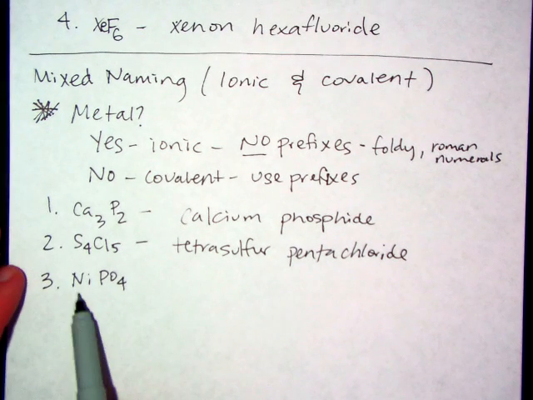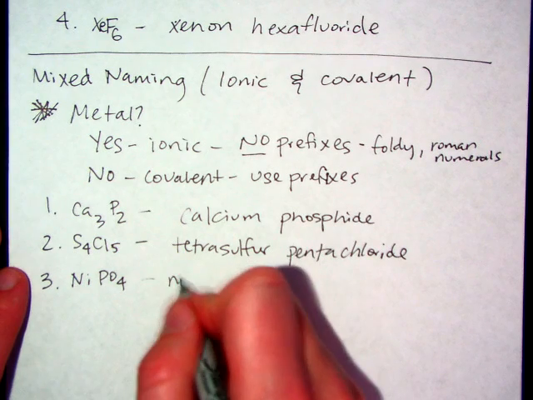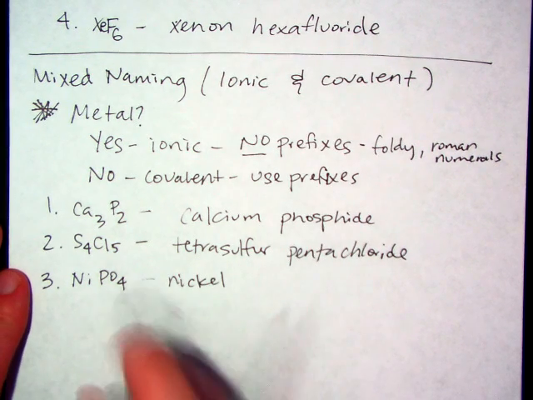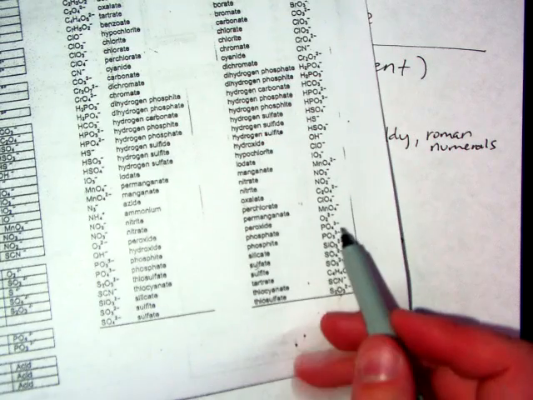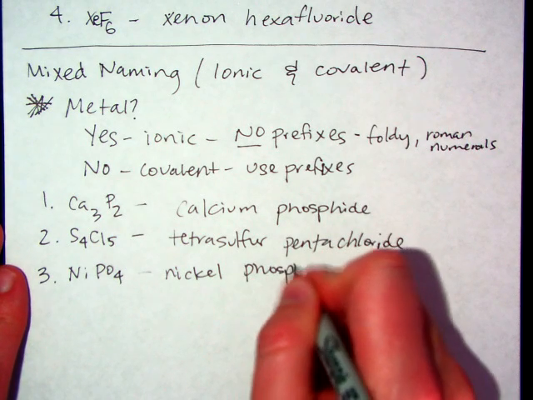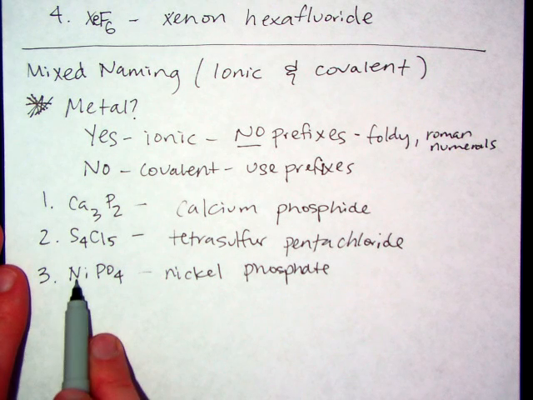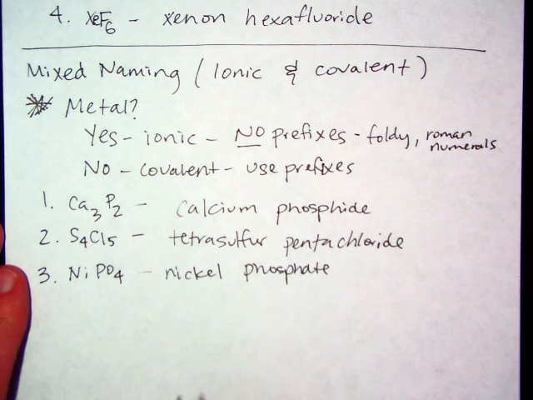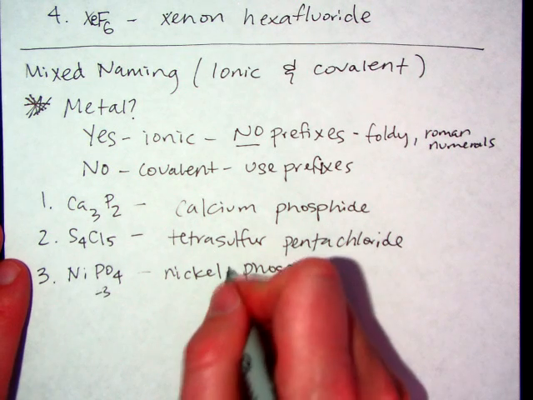Like for example, in the next one, nickel is definitely a metal, and so you would write nickel, and then this PO4 you would use this side, right here, and say that's phosphate. So it is the ionic nickel phosphate, but nickel's a transition metal, so we're going to need some Roman numerals there. Phosphate, if you look, is -3, and that means nickel has to be +3 to cancel it out.